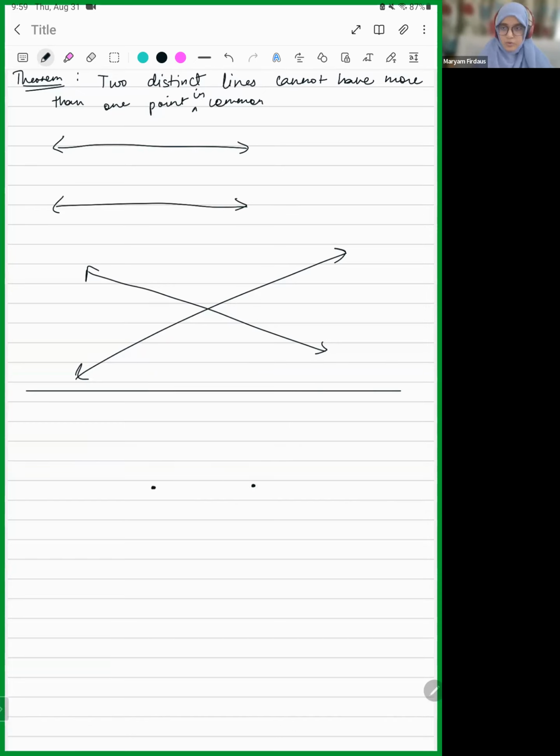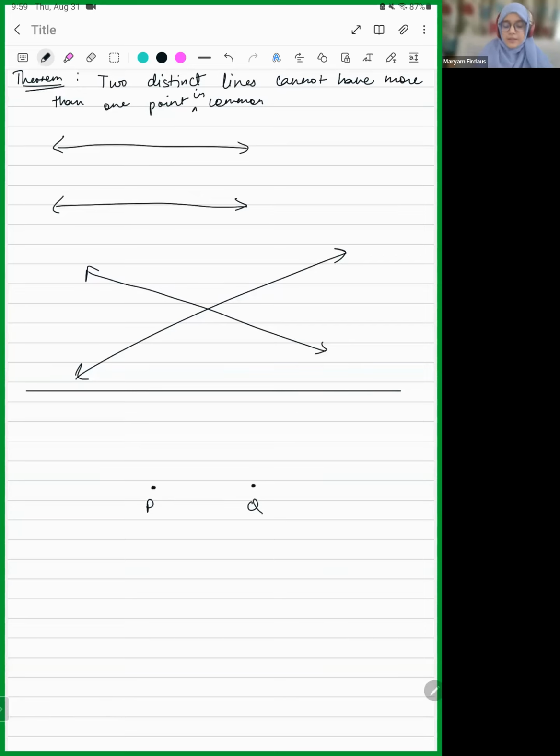Okay, fine. Let there be two different points in common between two lines. Then what will happen? Let's say this is a point P and this is a point Q. They are two different points. And we are saying that both the lines pass through both the points.